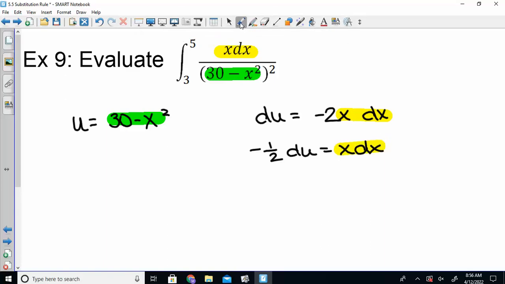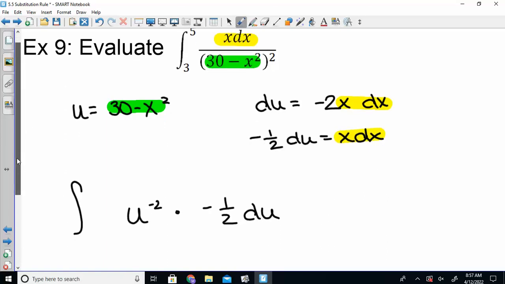All right, so if I set up my integral, we have the x dx is my negative 1/2 du. And then this was on the bottom, so what kind of exponent would that be? Negative 2. So this is just a u to the negative 2.